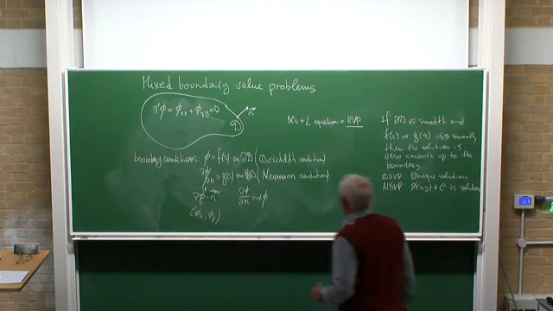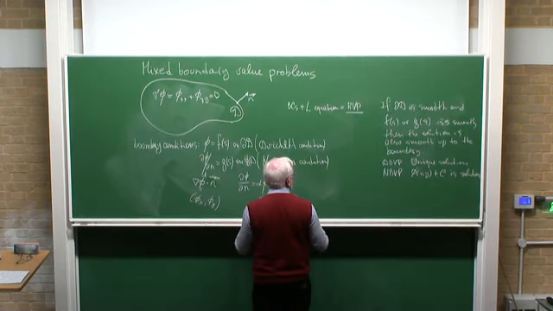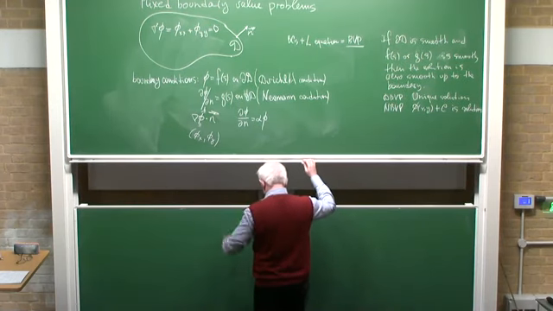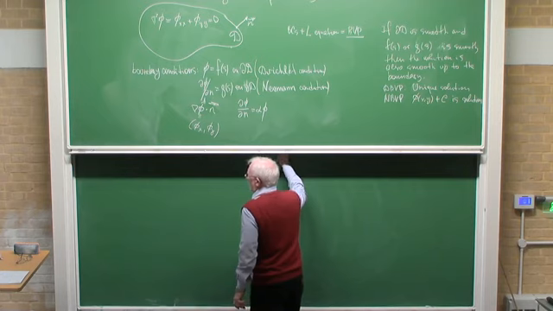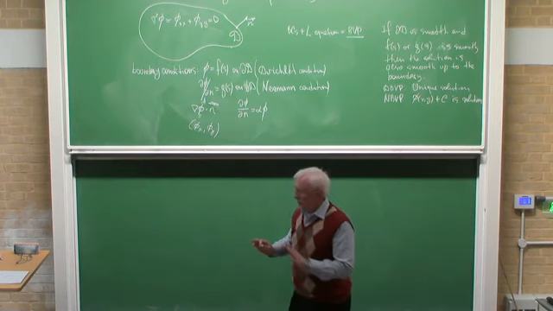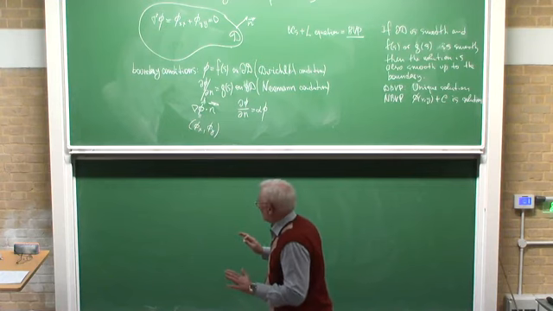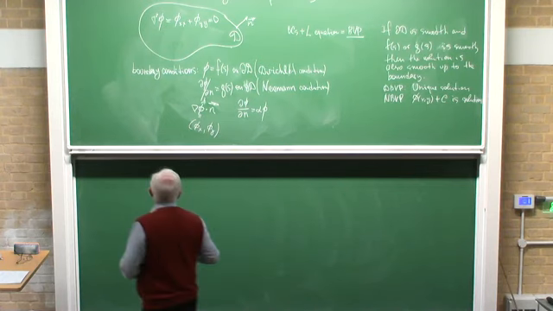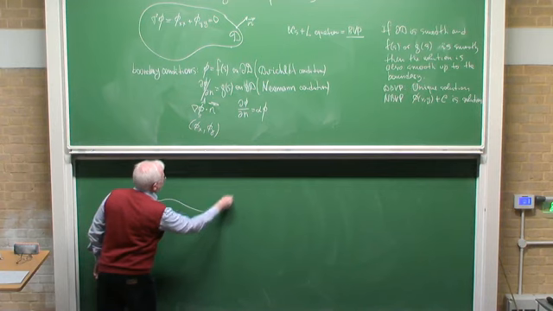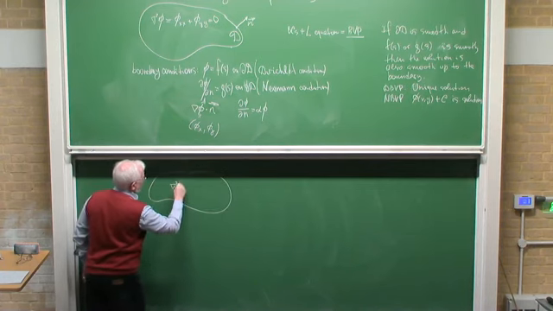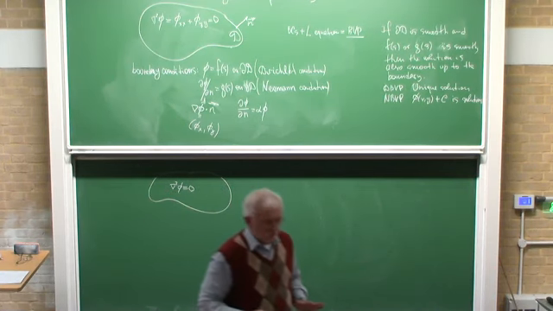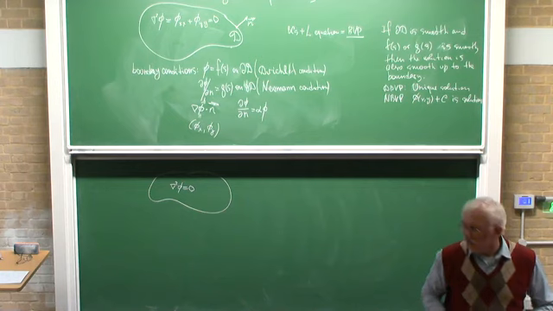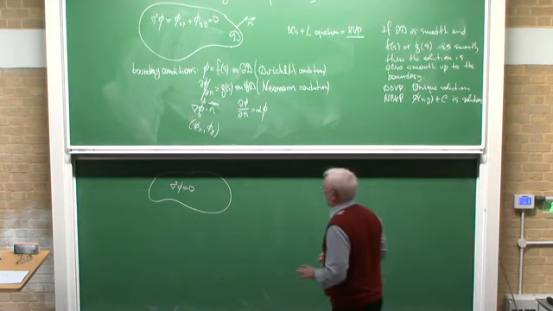Now, that is the boundary value problem. As to the mixed boundary value problem, I'll explain the main difficulties. Mixed boundary value problems are again for the Laplace equation and only two-dimensional problems are considered.